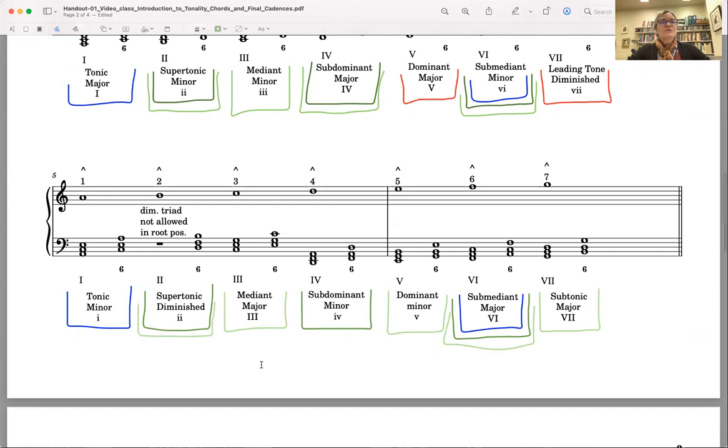So notice in minor, at the moment, without any alterations, and this is why when you do scales in minor, you do first a natural minor scale, then you do a harmonic minor scale where you have scale degree 7 raised, and you also sometimes do a melodic minor scale where when you go up, scale degrees 6 and 7 are raised.